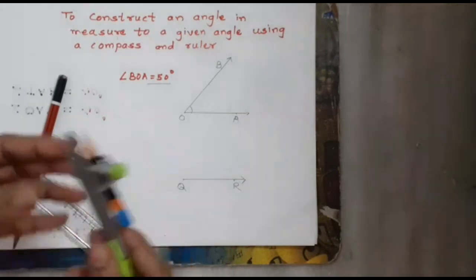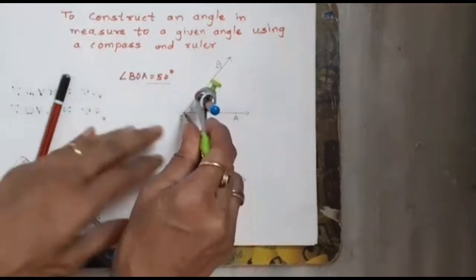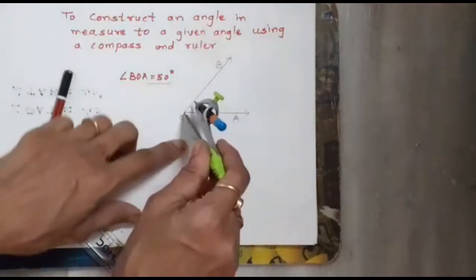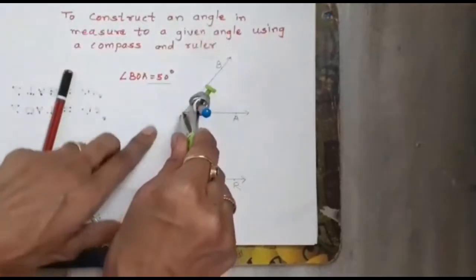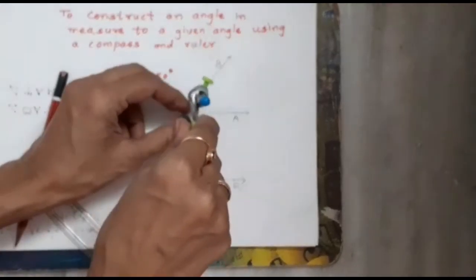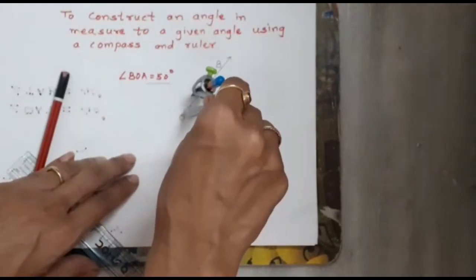Now place the compass, this metal point, on the vertex of the angle, that is of angle BOA, and taking a convenient distance, draw an arc.